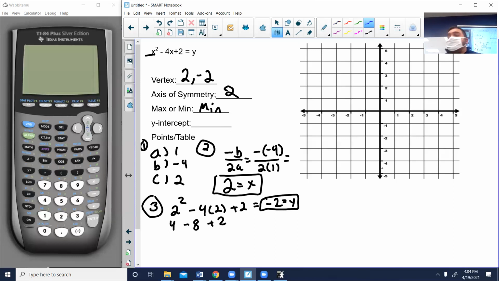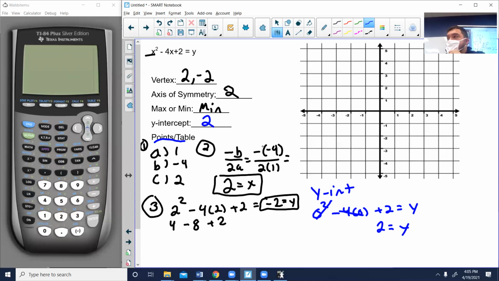Point/table is going to be part of the answer, okay? Now, the y-intercept. That's when I plug in x as 0. So 0 squared minus 4 times 0 plus 2. This cancels out, this cancels out. So 2 equals y. So your y-intercept is at 2.